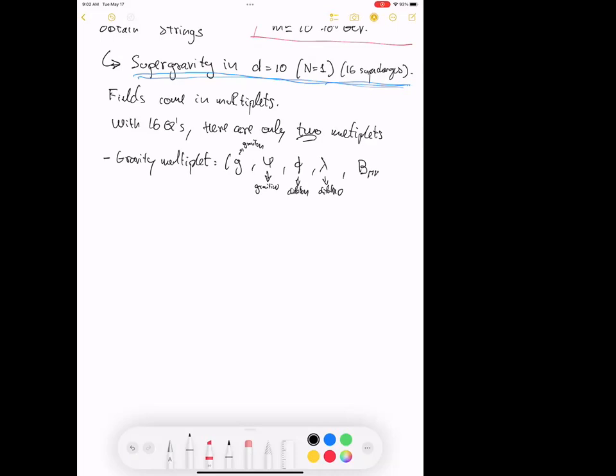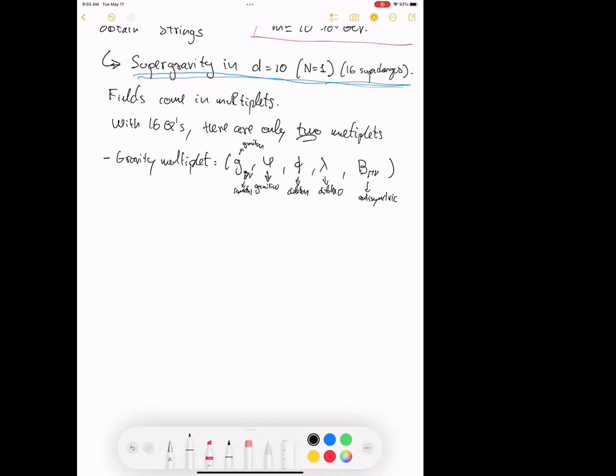Just like the metric has 2 indices, mu nu, and it's symmetric, the B field has 2 indices and it's antisymmetric. And it's a higher dimensional version of a gauge field.